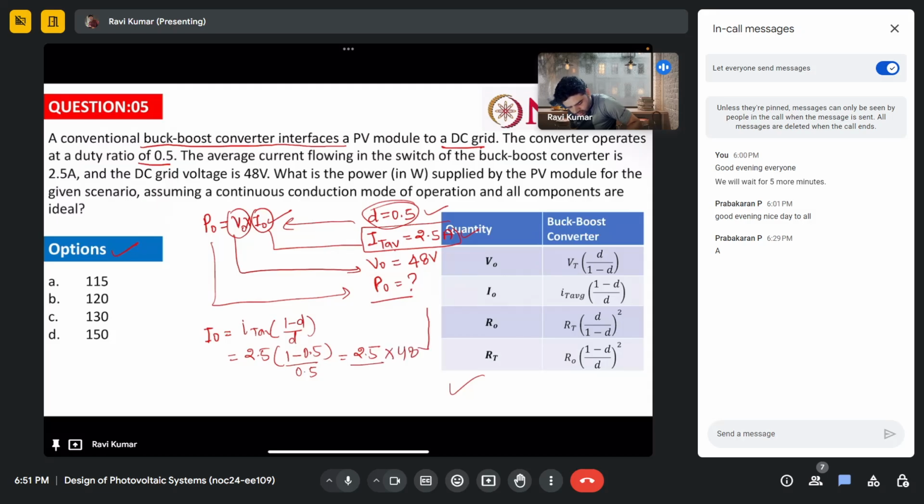You will get this. How much? What is it, A, B, C, or D? B, sir. B, 120. Yes, it is 120. So the answer in this case is B.